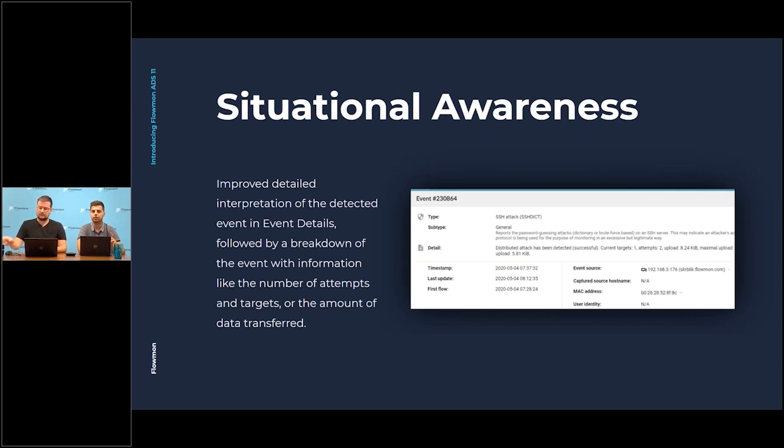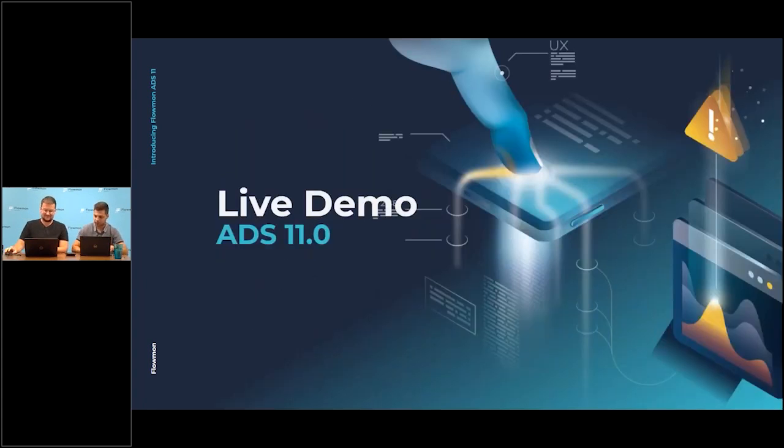I very strongly recommend you watch a recording of the Flowmon Packet Investigator webinar, also available on our website, where we took this situational awareness to a great extent, where not only do we provide an explanation of what happened, but also suggestions on remedial actions. But I believe you have that on the roadmap already. Yes, exactly.